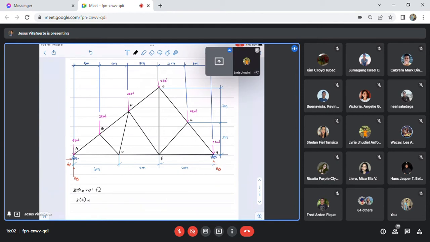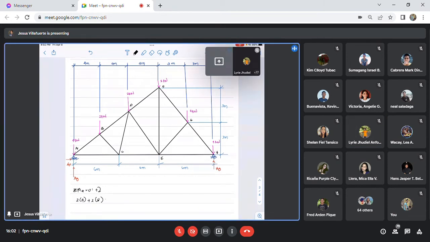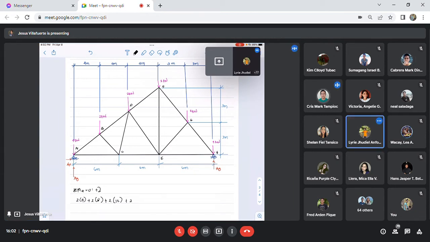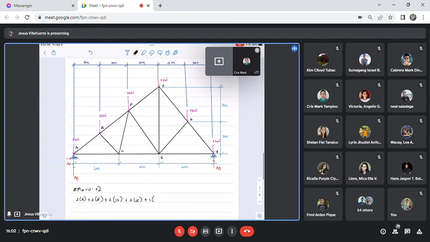Then, another 2 at point D. What is the moment arm? So, another one at 2. 12. So, another 2. 15. Correct. So, plus 1 kilonewton. What's the moment arm? 18. Tama? Yes, sir.